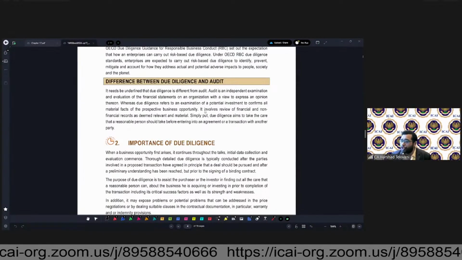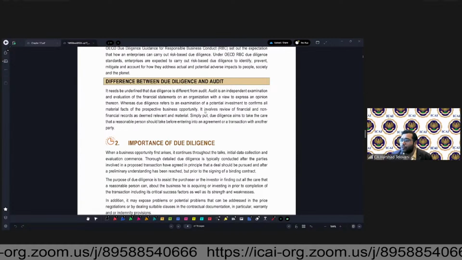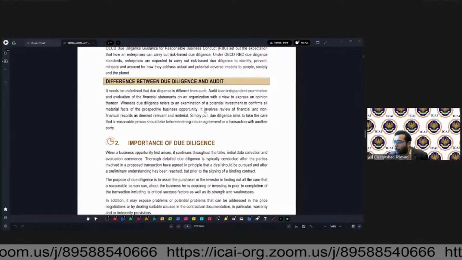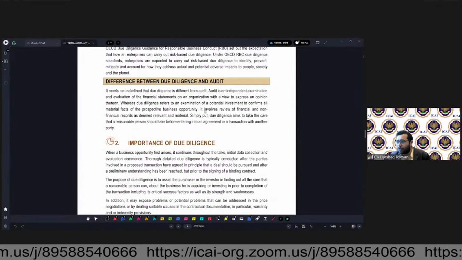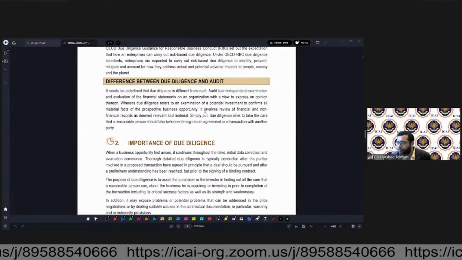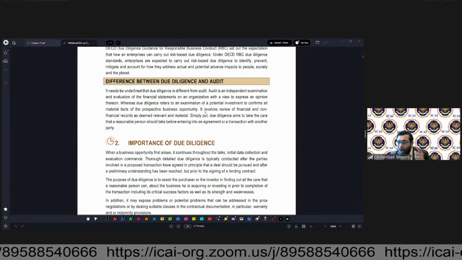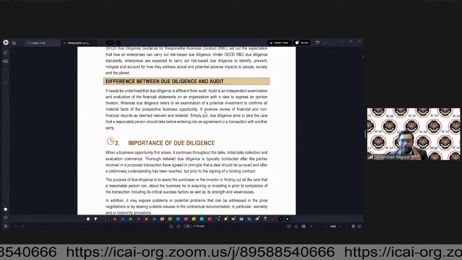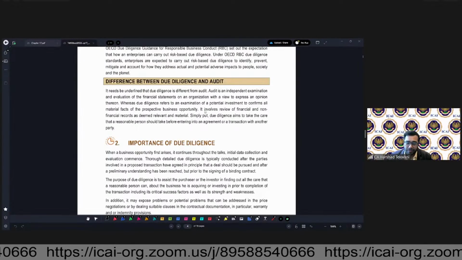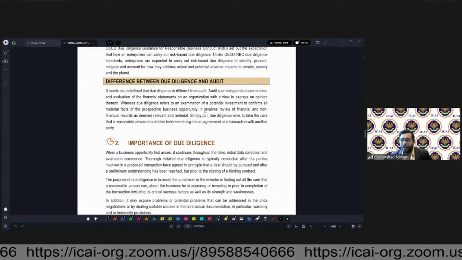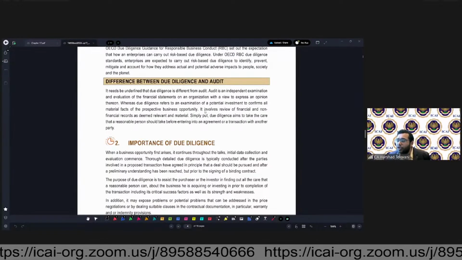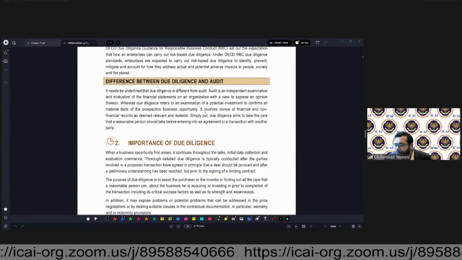But due diligence is to investigate and evaluate the financial, legal, operational, and commercial aspects of a business transaction, to identify potential risks and opportunities for the buyer or the investor. So here it is for the buyer or investor and for his identification of opportunities and risk in the transaction.